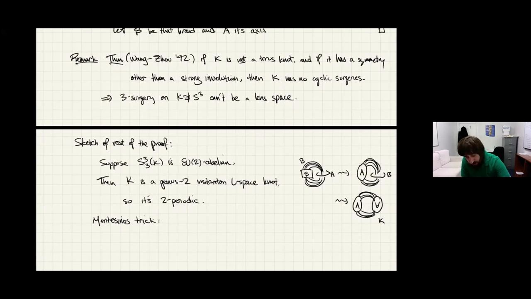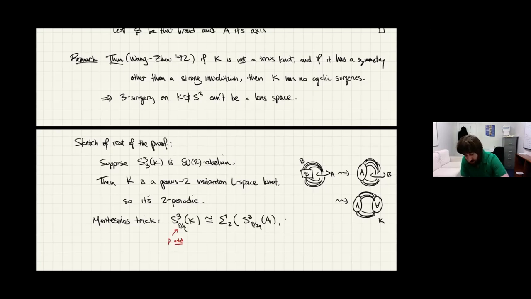And so what it'll tell us in this case is that if we do 3 surgery on K, that's the same thing as the branch double cover, so we do P over 2Q surgery on the knot, well, sorry, this should really be P over Q. If we insist that P be odd, then we can extend the involution freely across the surgery torus. This is the same thing as doing P over 2Q surgery on our knot A.